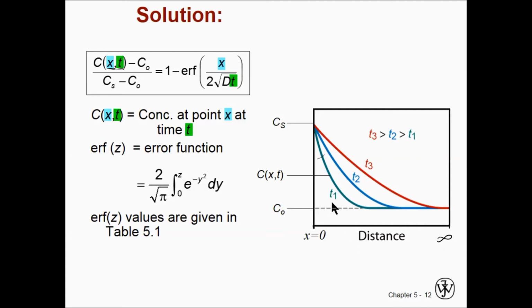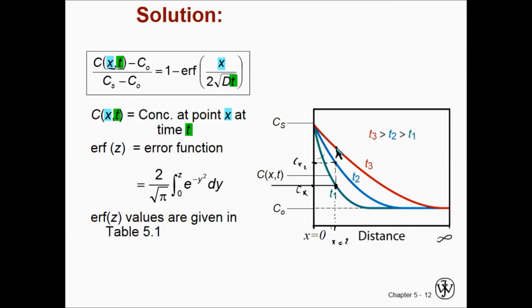At some distance into the material, let's say when x is 2 millimeters below the surface, after 1 hour of diffusion, I can measure the concentration of copper. I have some value over here. If I wait more, after 2 hours, if I measure, I will get some other concentration.